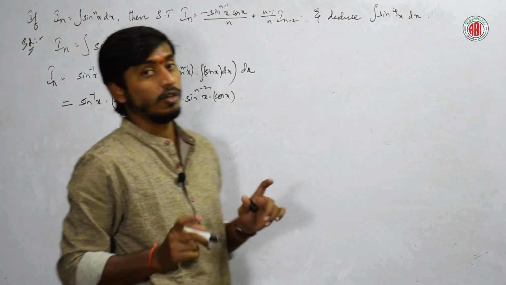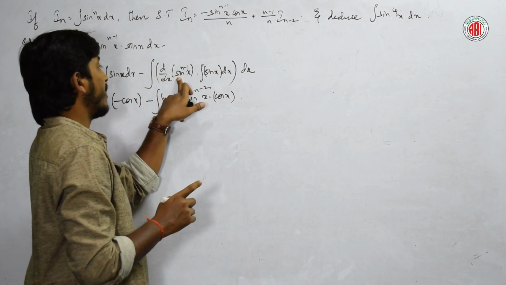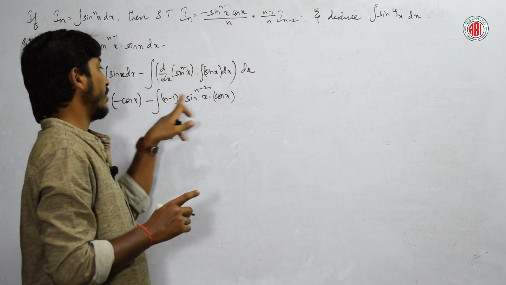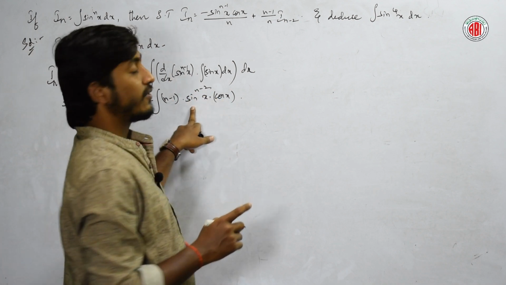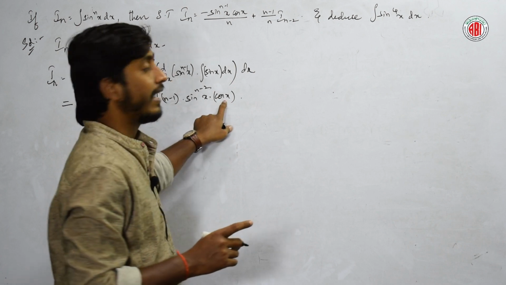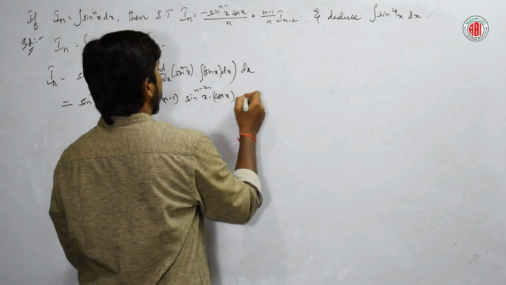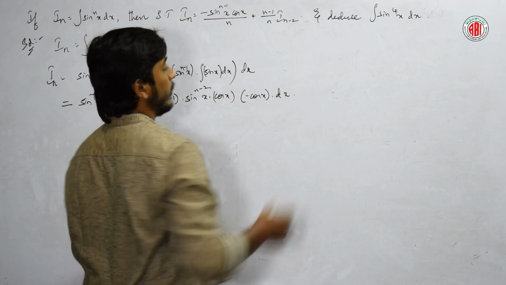Is it right? No more difficulties here. Just check: this is sin power n minus 1 x, so like x power n, the differentiation is n into x power n minus 1, and instead of x we have sin x, and the differentiation of sin x is again cos x. Next, the integral of sin x is minus cos x, whole dx.